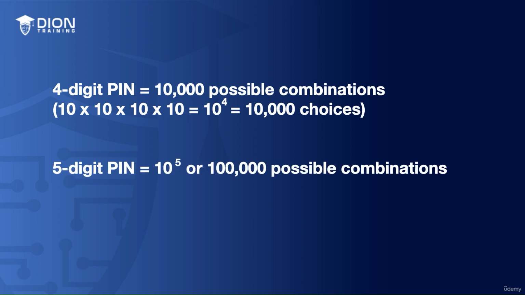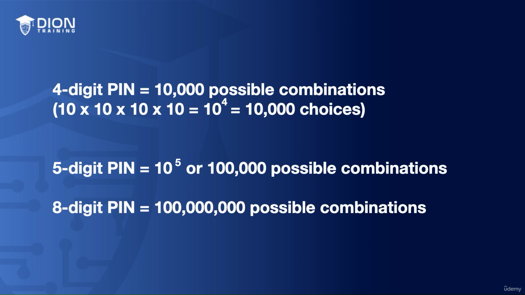If I simply add one more digit to the chosen 5-digit PIN, I will have increased the password length by just 1 digit, but now I have expanded my options from 10 to the 4th power to 10 to the 5th power, or 100,000 choices. If I continue to add another digit, each digit will add 10x more choices for us.